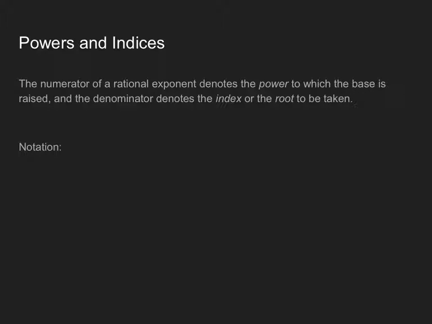Powers and indices. The numerator of a rational exponent denotes the power to which the base is raised, and the denominator denotes the index or the root to be taken.